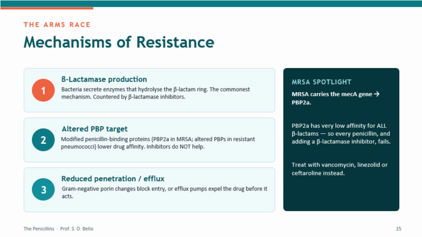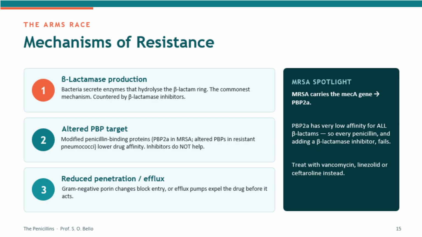The second is an altered target. The bacteria modify their penicillin-binding proteins so the drug can no longer bind well. This is how MRSA and many resistant pneumococci escape us, and crucially, adding the lactamase inhibitor does nothing here because the enzyme was never the problem.